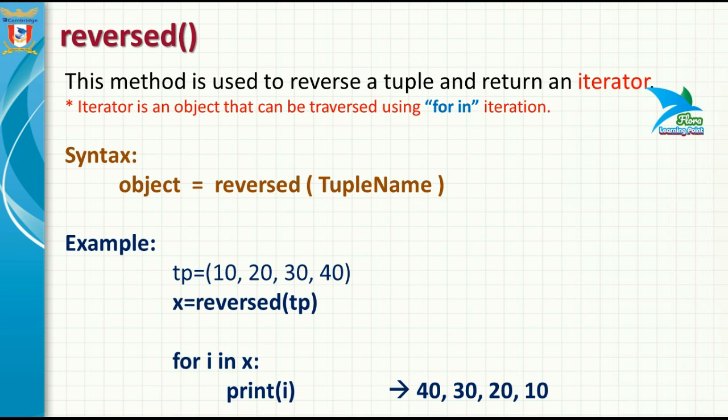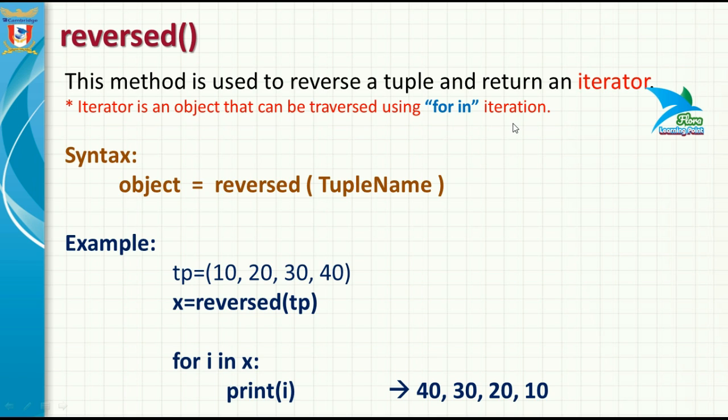Next we'll discuss the reversed function. This method is used to reverse a tuple and return an iterator. As we have already discussed, a tuple is an immutable sequence, so we can't make change in the position or the value of any element. So it will return an iterator after performing the reverse operation on the elements of a tuple.